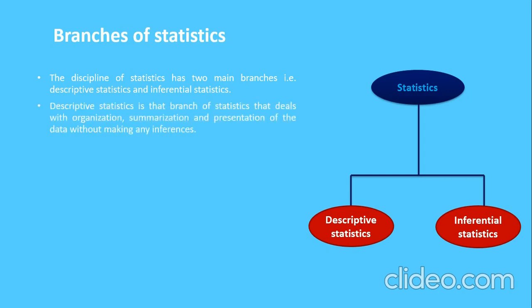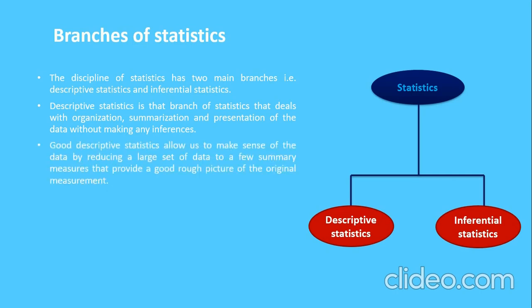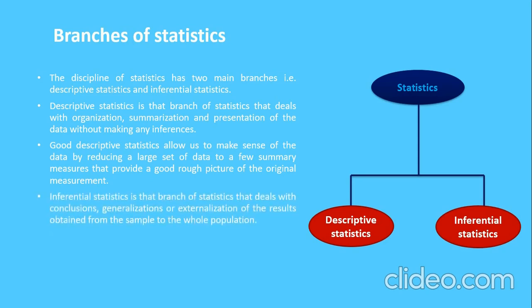Descriptive statistics is that branch of statistics that deals with the summarization and presentation of data without making inferences, whilst inferential statistics is that branch of statistics that deals with conclusions, generalization, and extension of the results obtained from the sample to the whole population. Normally, when doing inferential statistics, we will make use of hypothesis testing.